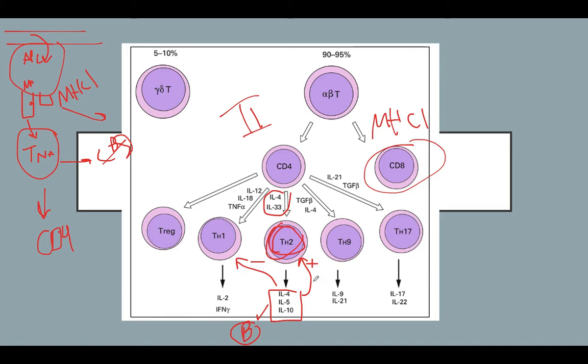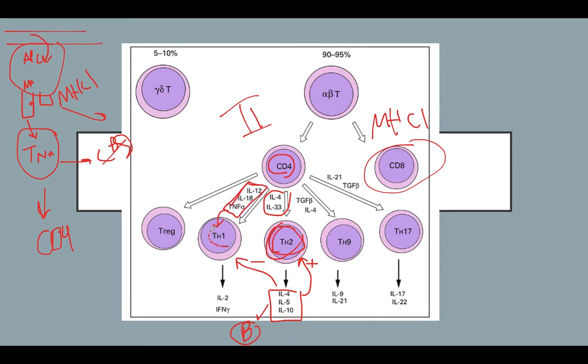We also have stimulation of specific immunoglobulins like IgE and IgA, according to the cytokines it secretes. Then, if the CD4 secretes interleukin 12, tumor necrosis factor alpha, and interleukin 18, you will get the Th1.